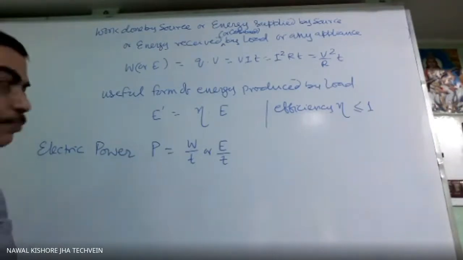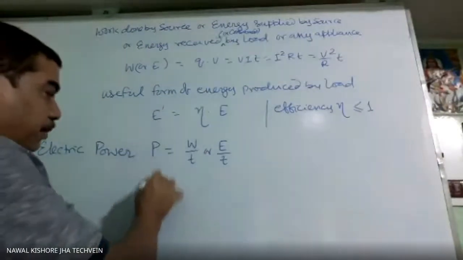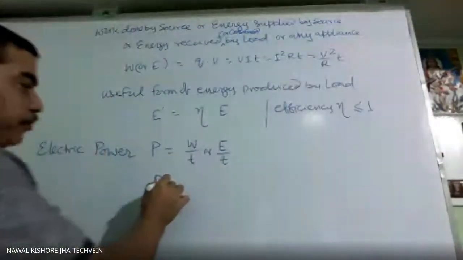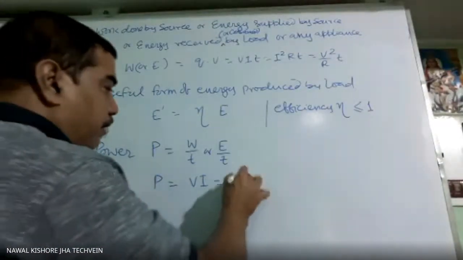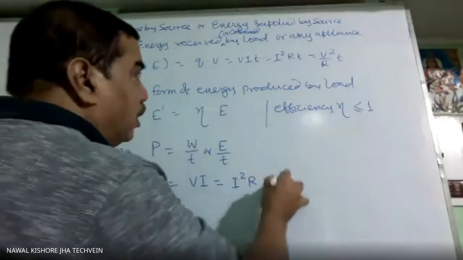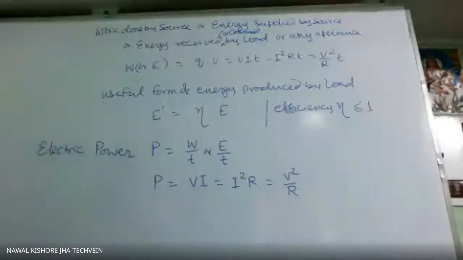So appliance power will be this by T. So if we divide by T, what will come? This power will be V into I, or it may be I square R, or it may be V square over R. This will be the power of appliance.